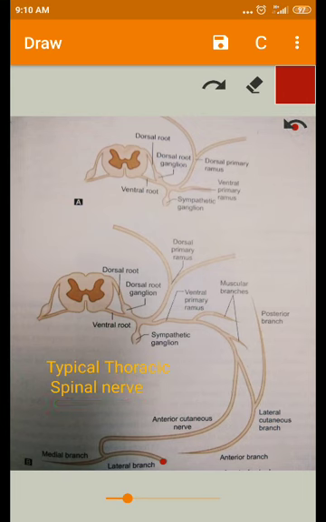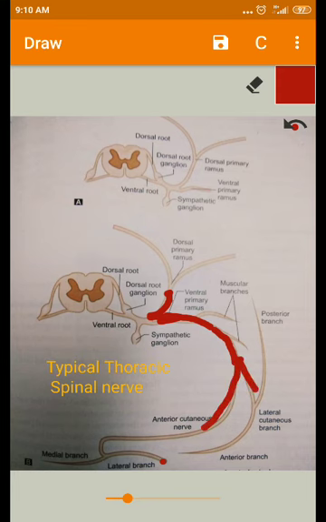Now we will see the course of the typical spinal nerve. After coming out of the intervertebral foramen, it divides into the posterior rami, that is the dorsal rami, and the ventral rami. This ventral rami gives some muscular branches and divides into 2 branches: the lateral branch and the anterior branch.